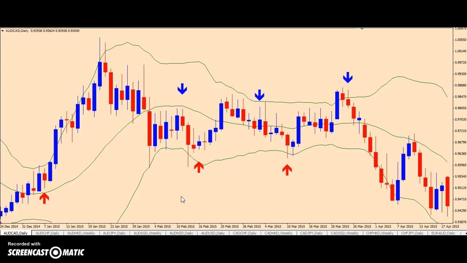Looking once again at the Australia dollar CAD chart, daily time frame, waiting for the signal for a sell or a buy signal, and then the next thing I'm looking at is a good candle that gives us that confirmation.